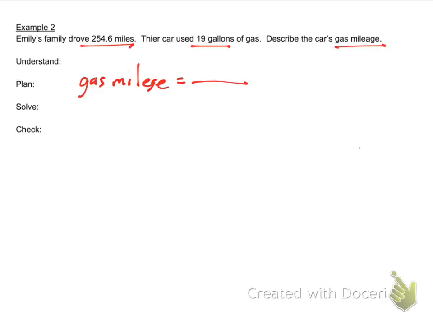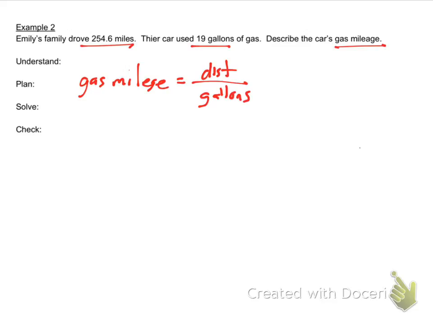Divide what? No, we're not going to fill in yet. Before you fill in, what are you putting in there? Units. What units? Miles and gallons. Or your distance, right? The total distance the car drove, and divide that by the gallons of gas you use, you'll get your mileage, your gas mileage, your fuel mileage, right?